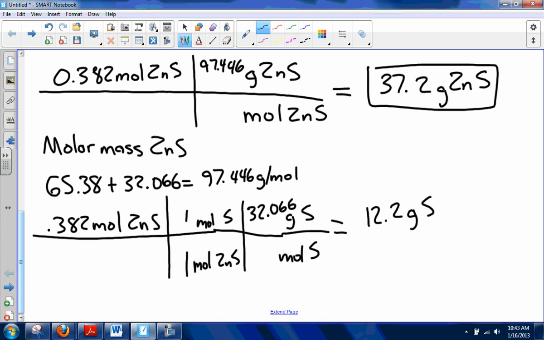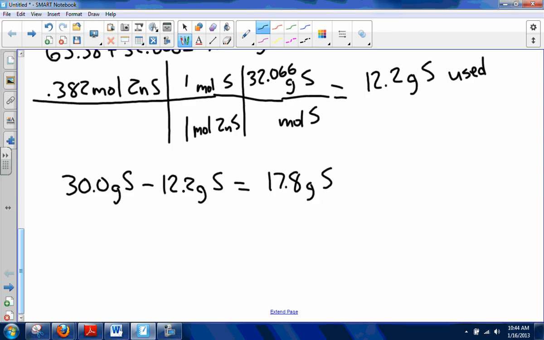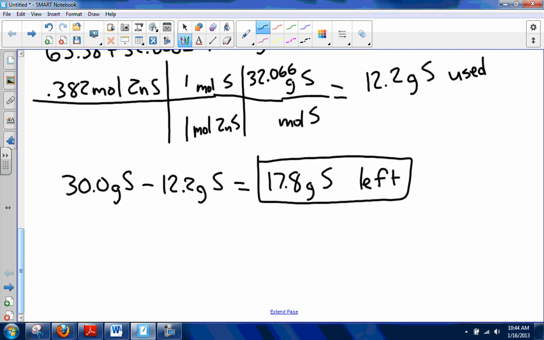Now this isn't how much I have left, this is how much I used. How much did I start with? I started with 30.0 grams of sulfur. I used 12.2 grams of sulfur, and that'll leave me with 17.8 grams of sulfur left. That's my final answer. That should be A, B, and C.